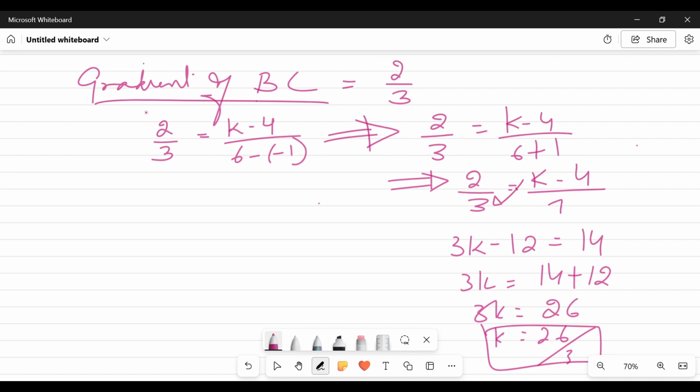Substitute the values in the formula y2 minus y1 over x2 minus x1, checking the A and B coordinates. Then, since it's perpendicular, find the gradient of AC: whatever the gradient of AB is, reverse it. If it's negative, turn it into positive; if it's positive, turn it into negative. Now again, we need to find the value of k, with the gradient of AC similar to the previous question number 3.